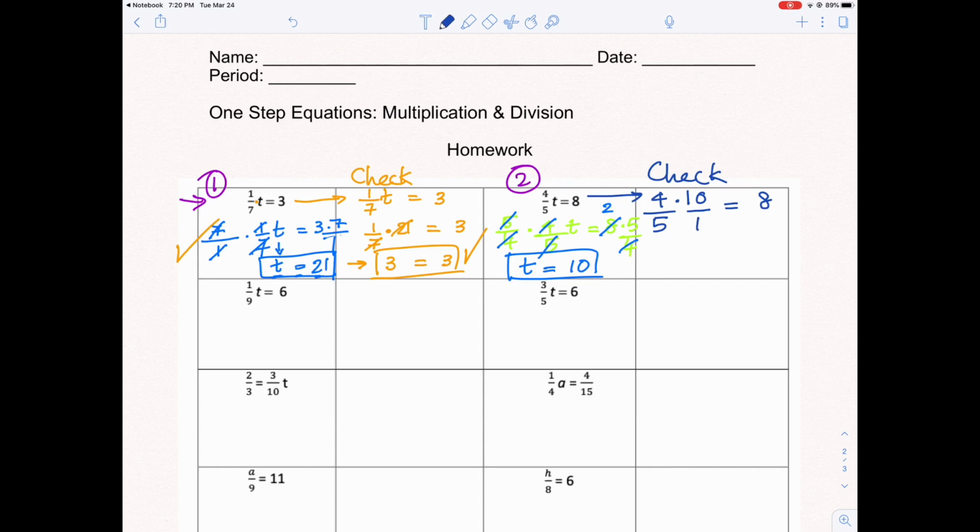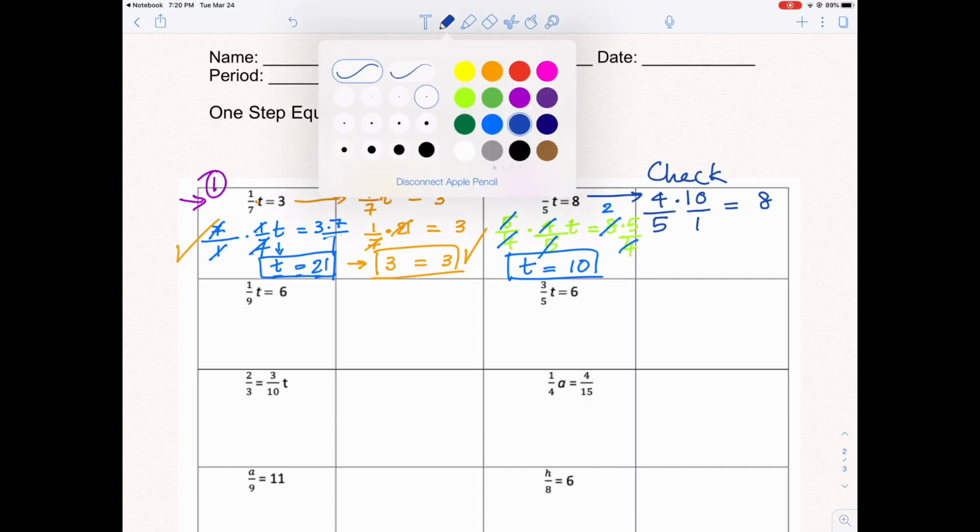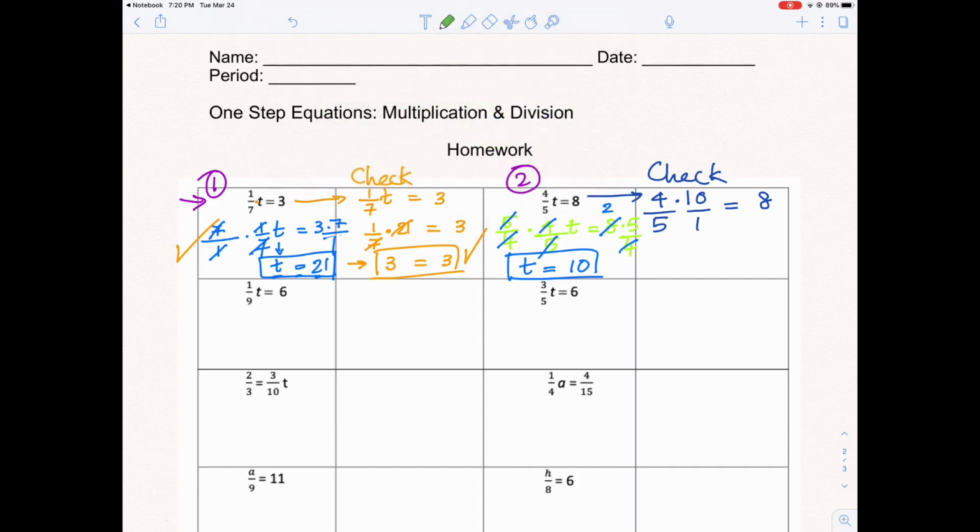When you have fractions, you multiply the numerator with the numerator, which gives me 40, and the denominator with the denominator, 5 times 1, which gives me 5. I'm not done because this is still a fraction. I can simplify: 5 goes into 40 8 times, which is equal to 8. So my solution checks out, which means my equation is correct.